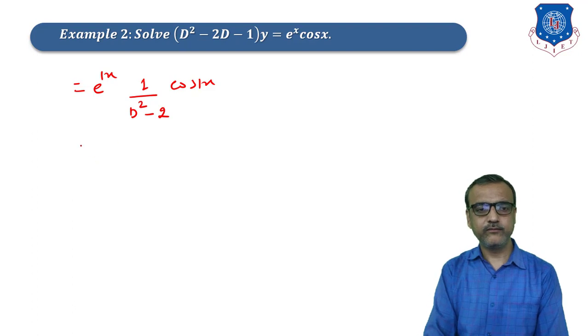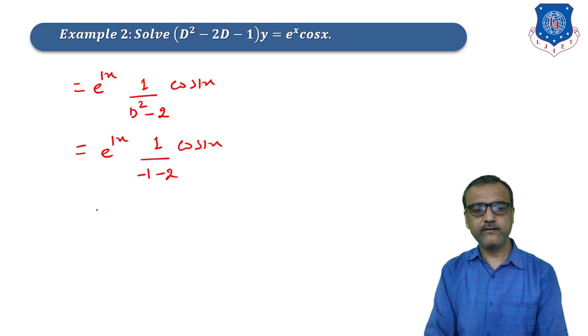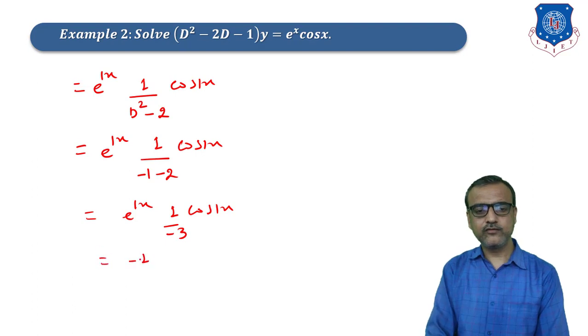So this is equal to e raised to 1x, 1 over, replacing d square by minus 1, and this minus 2 will be as it is, cosine of 1x will be as it is. So we have e raised to 1x into 1 over minus 3 cos 1x. So this is equal to minus 1 over 3 e raised to 1x cos 1x.